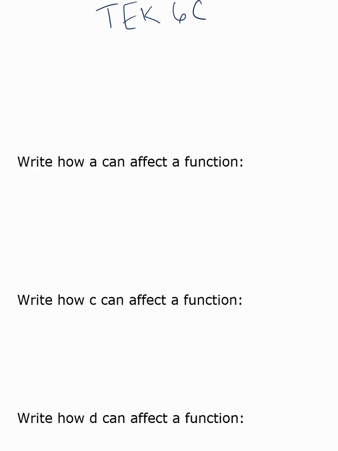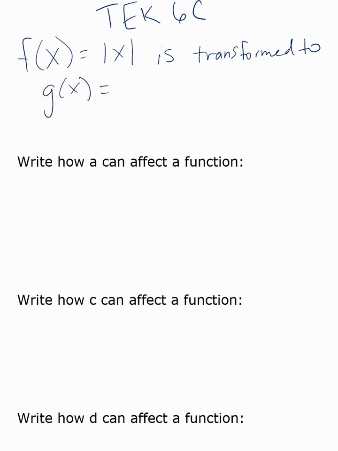Okay, let's discuss transformations. Transformation questions are almost always given in the same format. It'll say if some function, normally an absolute value function, is transformed to a g of x, and then it gives some blurb.